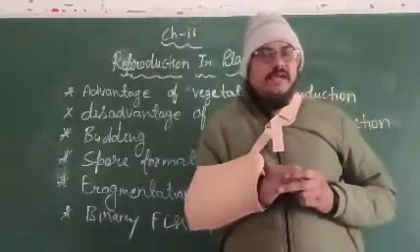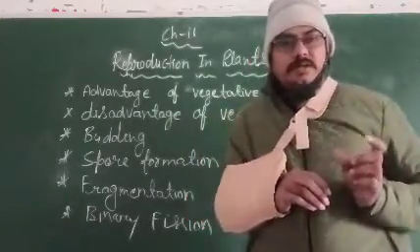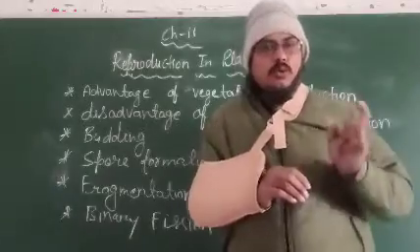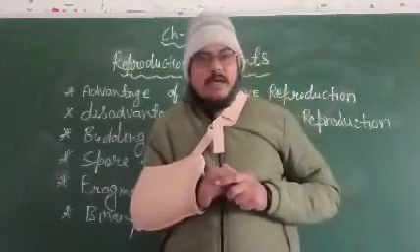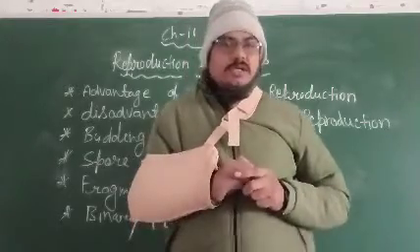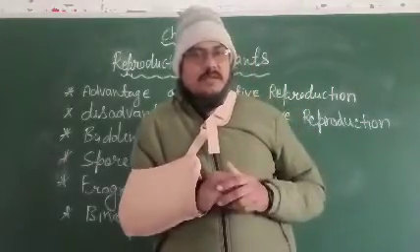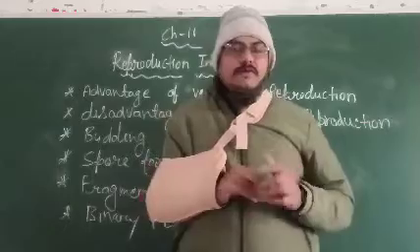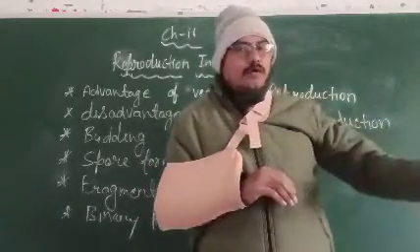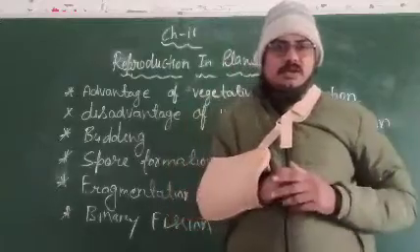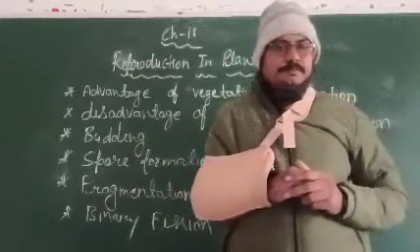Each and every fragment grows into a complete individual. Its growth is so fast that within a short period of time it covers the whole upper surface of the stagnant water, or you can say the pond.